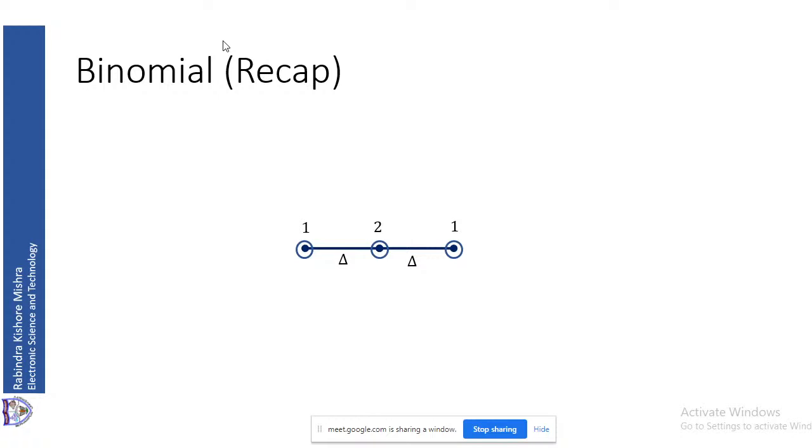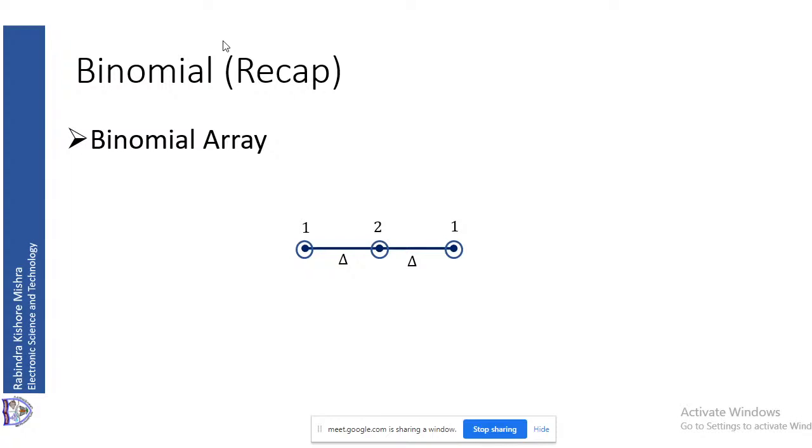So it is a polynomial of 3 elements, 1 2 1. Spacing is delta. So between 1 and 2 spacing is delta, between 2 and 3 spacing is delta. Current amplitude is 1, 2, 1, the middle one amplitude is 2, otherwise it is 1. So this you get from the binomial coefficient expansion.